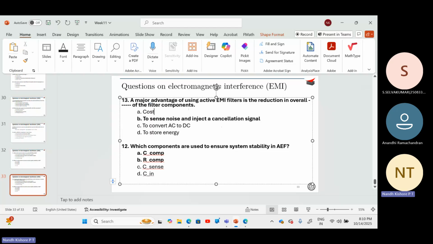So why do we go for active EMI filters? So is it the reduction in cost? Is it the reduction in size? Is it the reduction in weight? Or is it the reduction in complexity? So what is the answer?